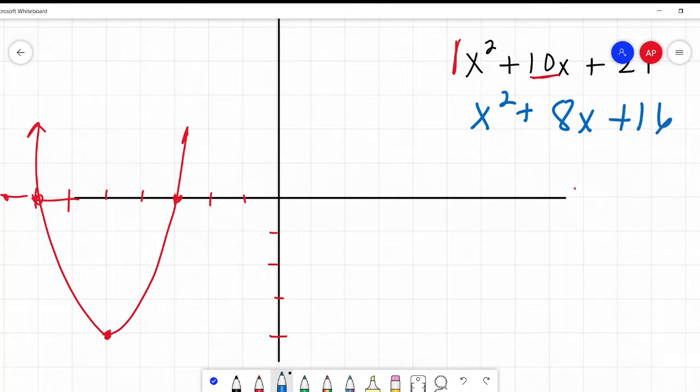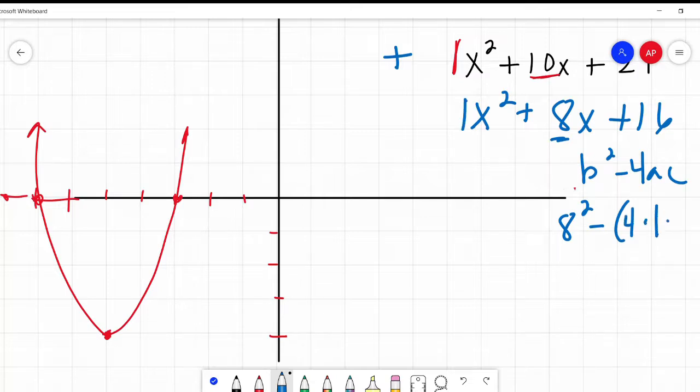All right, x squared plus 8x plus 16. So again, this was a positive discriminant. All right, so this one, b squared minus 4ac. My b is 8, so 8 squared minus 4 times my a is 1 times my c is 16. 8 squared is 64. 4 times 1 times 16, also 64.